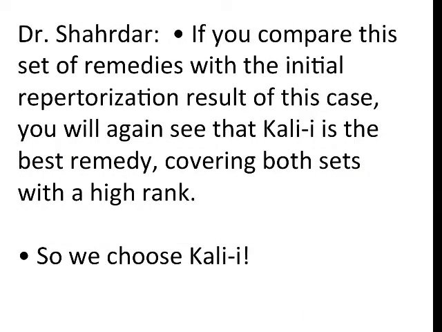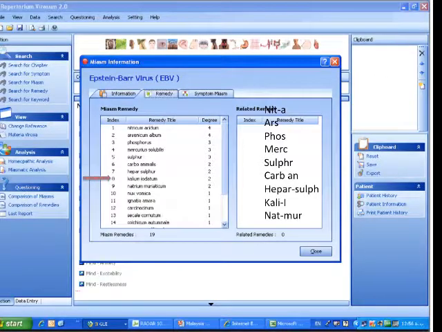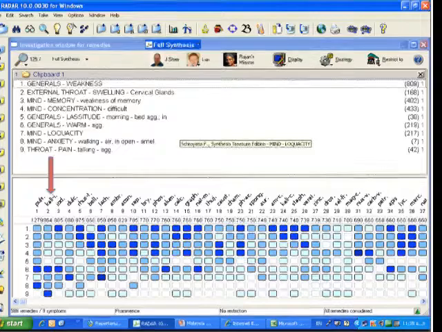Dr. Shahrdar says, if you compare this set of remedies with the initial repertorization results of this case, you will again see that Kali-I is the best remedy, covering both sets with a high rank. So we choose Kali-I. Yay! Then you compare your RV findings to your classical findings. So here are his RV findings that we looked at before, and here are his classical findings.